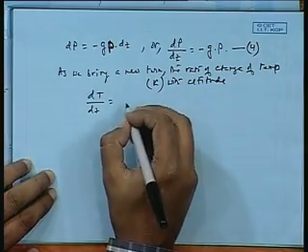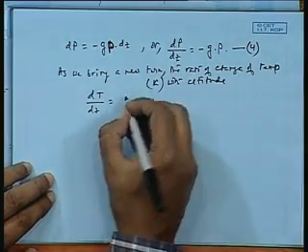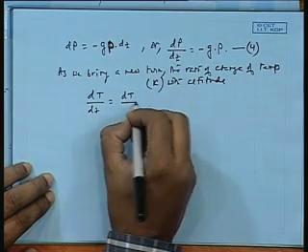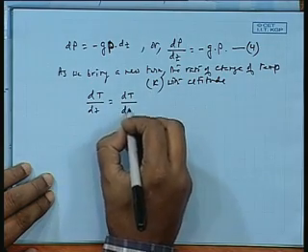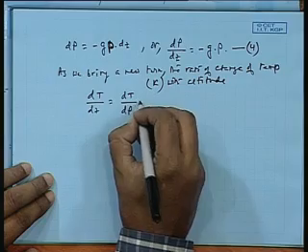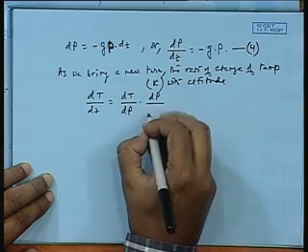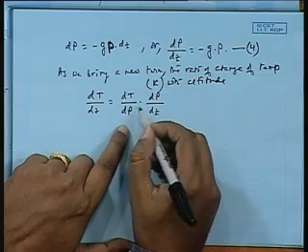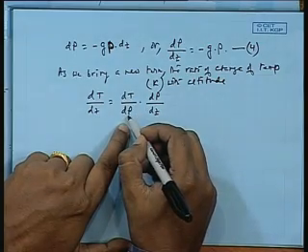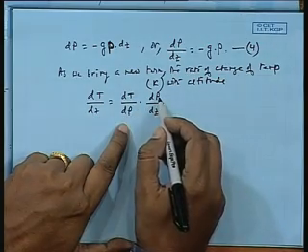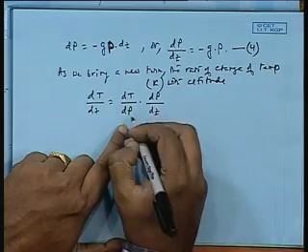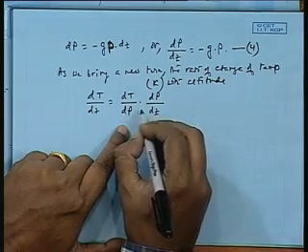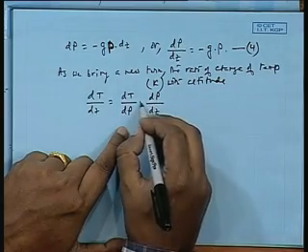With altitude, we can very well write this as dT divided by dP, multiplied by dP divided by dz. What we have done is a simple operation: we multiplied and divided by the same term.